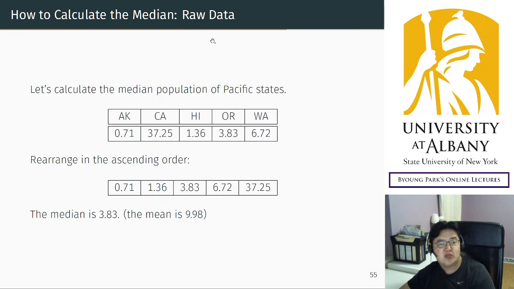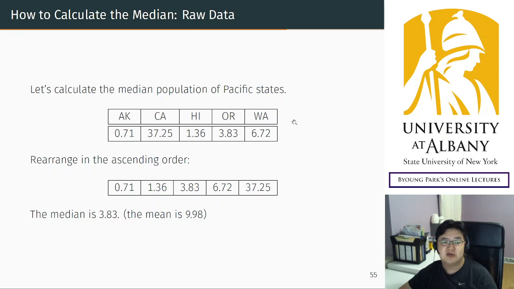You have raw data. In this case, for simplicity, I'll take just 5 Pacific states: Alaska, California, Hawaii, Oregon, and Washington. The 5 states are given, and you would like to calculate their median. Of course, these are populations.